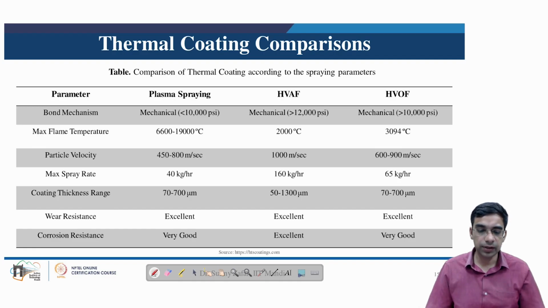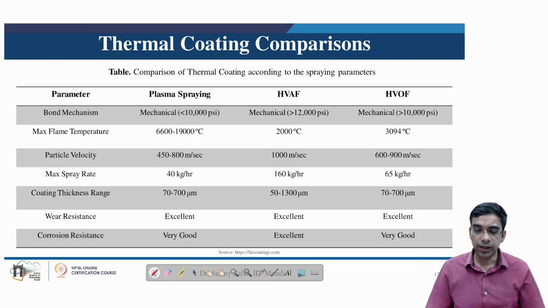Particle velocity was highest in case of HVAF, around 1000 meters per second. At the second level, high velocity oxy-fuel has velocity up to 600 to 900 meters per second, and the lowest velocity among all was with plasma spraying, maxing out at 800 meters per second.